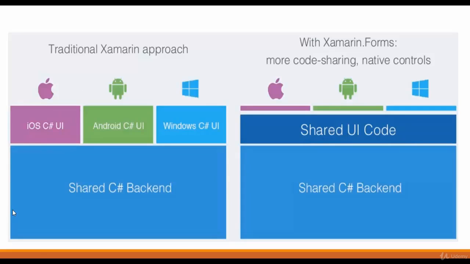Here we have a shared backend code responsible for sending HTTP requests and consuming responses, and then in the traditional Xamarin approach each platform has its own UI component. iOS has its separate UI layer, Android has its separate one, and similarly for Windows apps as well, but this is not the same in the case of Xamarin Forms.